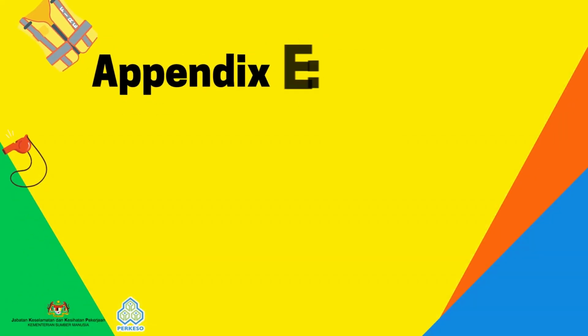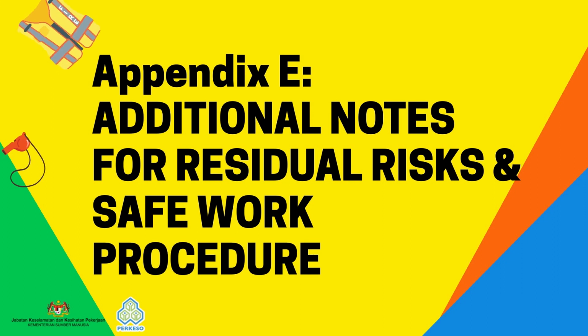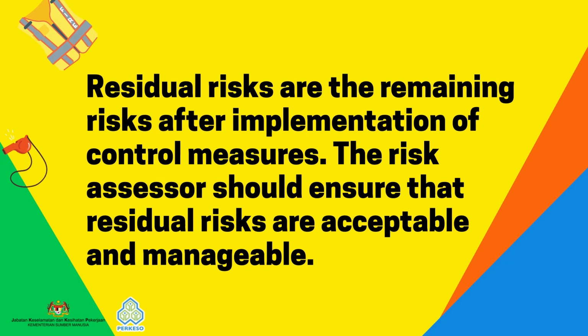Next is Appendix C, additional notes for residual risks and safe work procedures. First, residual risks. Residual risks are the remaining risks after implementation of control measures. The risk assessor should ensure that residual risks are acceptable and manageable.